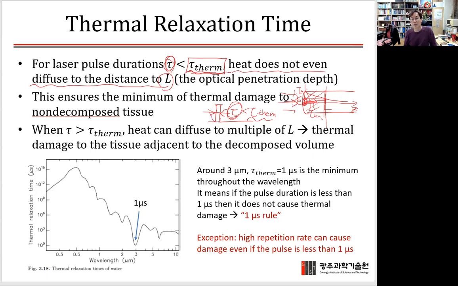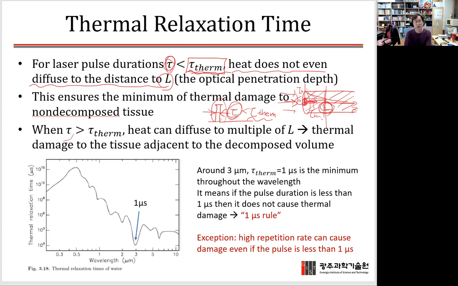But since the laser pulse has already stopped, there is no more heat generation at the surface, so the tissue up to the depth of 1/α is relatively kept safe, or the tissue beyond 1/α is not affected by any temperature change at the surface, because there was no time for heat transfer from the surface even to this 1/α position.